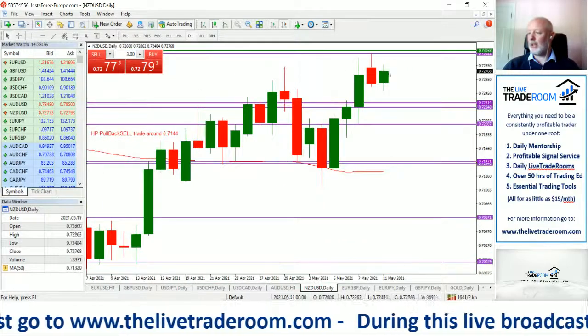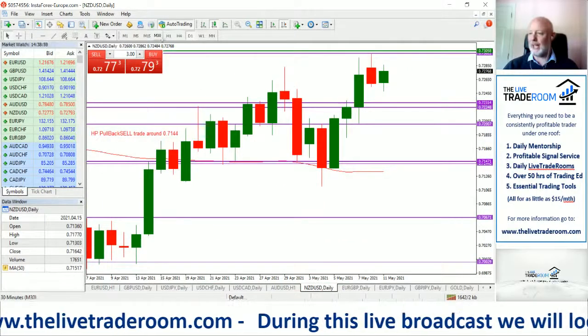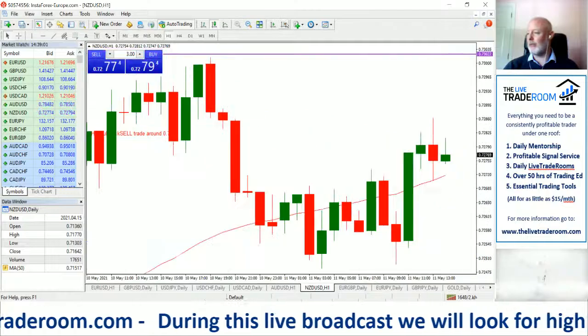New Zealand dollar, we're kind of in consolidation really, which makes it a little bit more difficult.